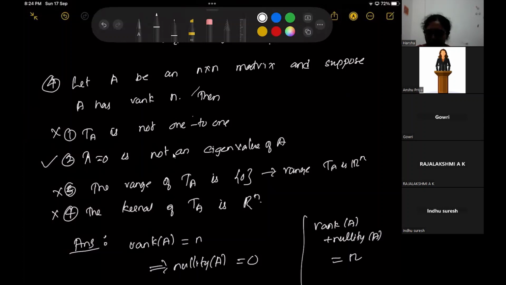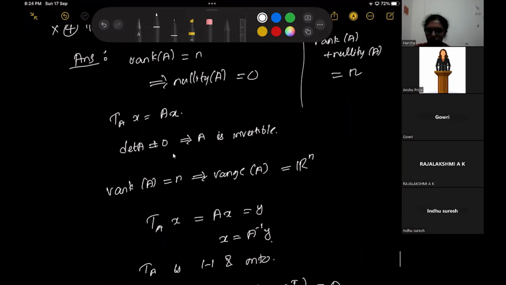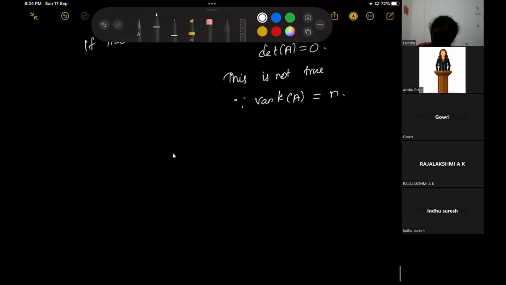That is fine, right? Rank of A equal to n. That means A is invertible.